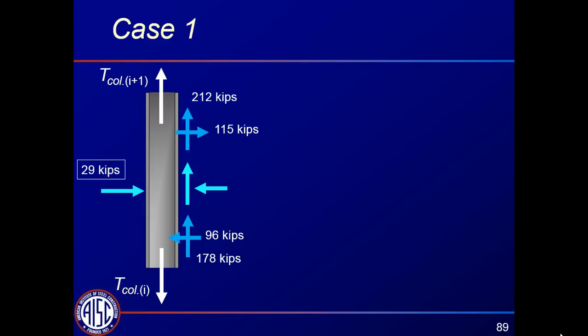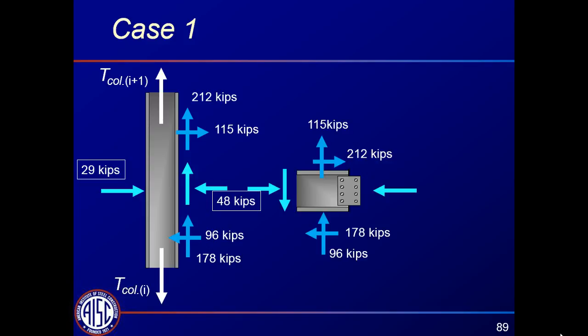So here the sum of the forces in the horizontal direction tells us that we have 48 kips at that joint. And then here we do the sum of the forces in the vertical direction, and it tells us that we have 211 kips here. So now we have forces that we can use to design these connections, but that's only one of the 3 cases we need to consider.